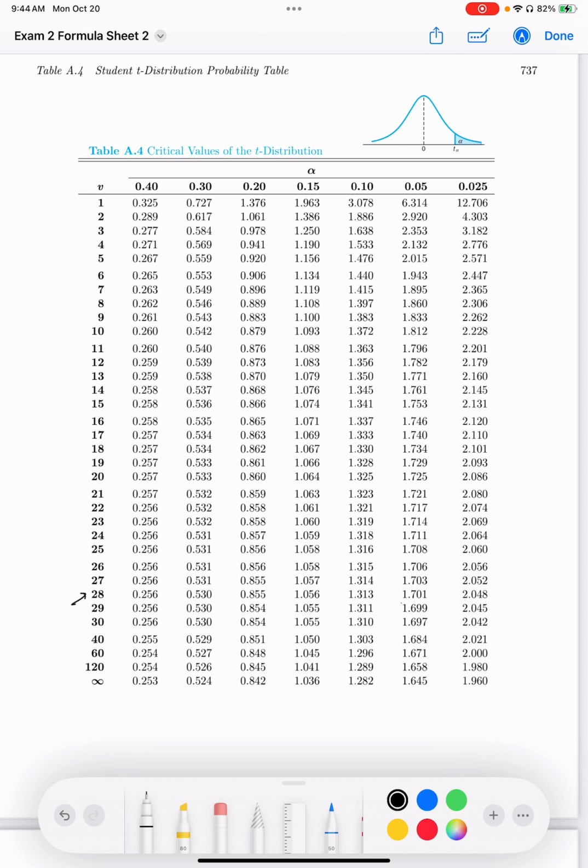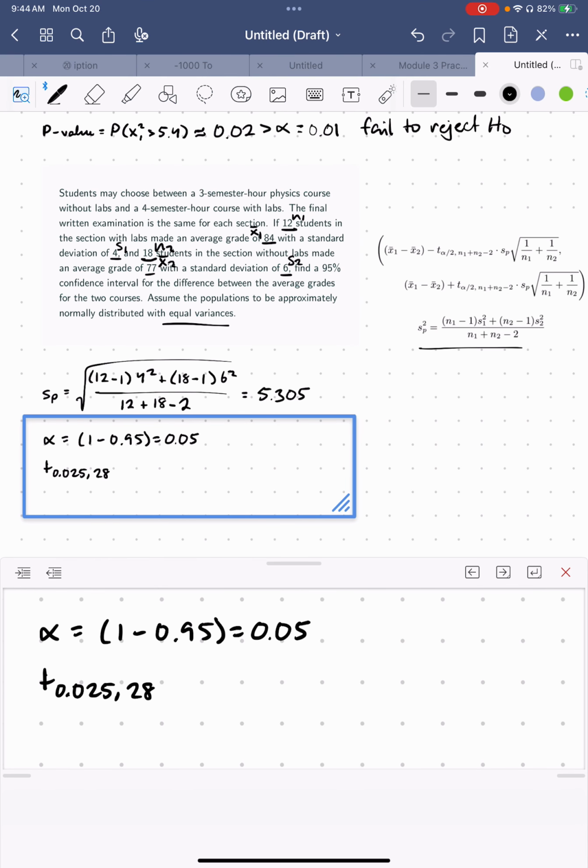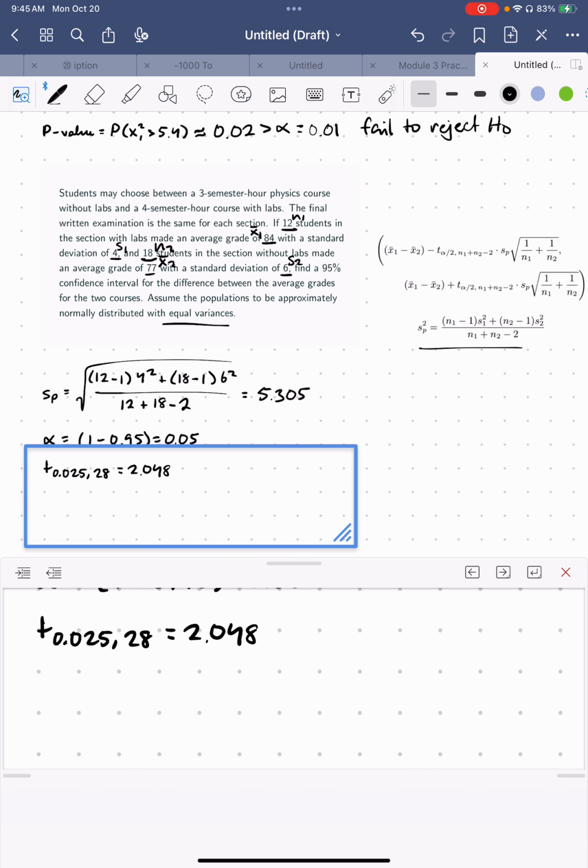So that's over here. And if we look, we see that our value should be 2.048. And now that we have all of our values here, we can calculate our confidence interval.